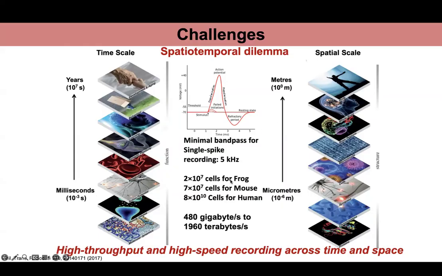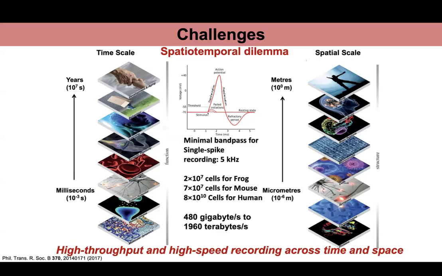It takes days, months, or years to build up cognition, memory, and emotions, and recruit a large number of neurons. A frog has millions of them, and the human has 86 billion neurons distributed at a spatial scale from centimeters to even meters. If we want to capture those cellular activities at a large scale over a long time, the bandwidth of technology that we need to build is around hundreds of gigabytes per second to even thousands of terabytes per second, and needs to last a long time.